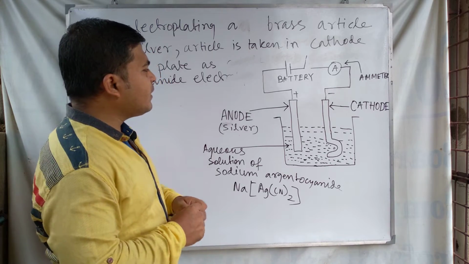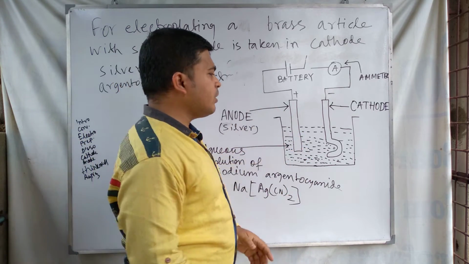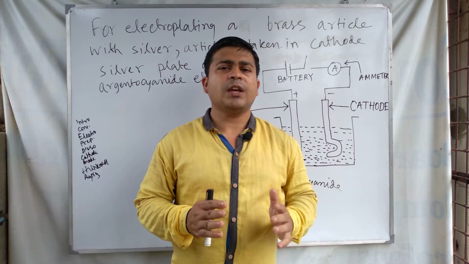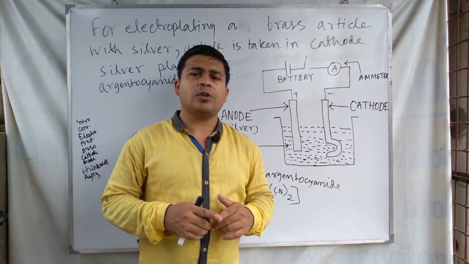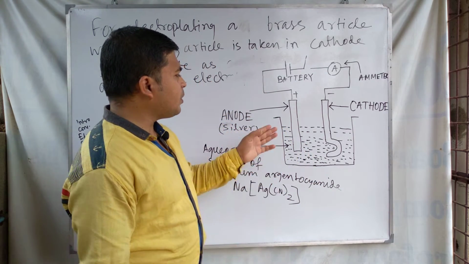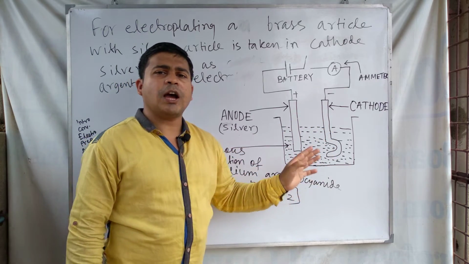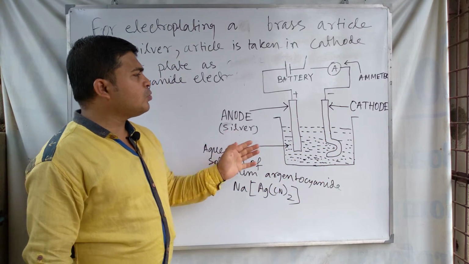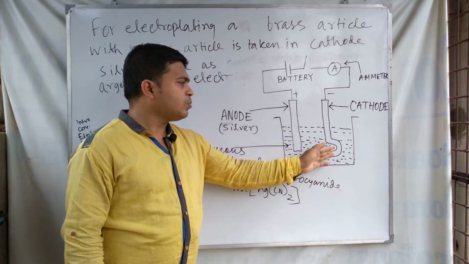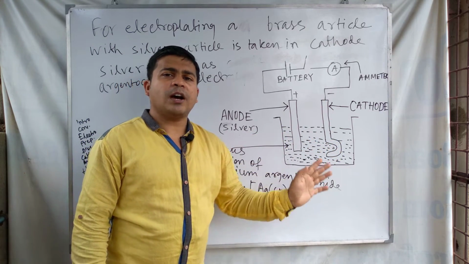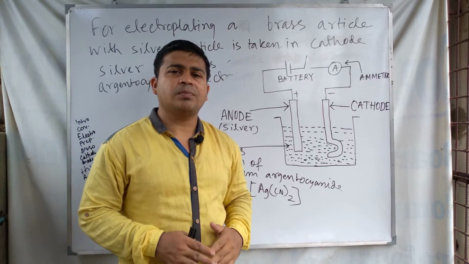Before starting the details about the cathode and anode reactions, for perfect deposition of silver on this brass spoon, what do we have to do at first? We have to take one brass spoon and clean it perfectly.